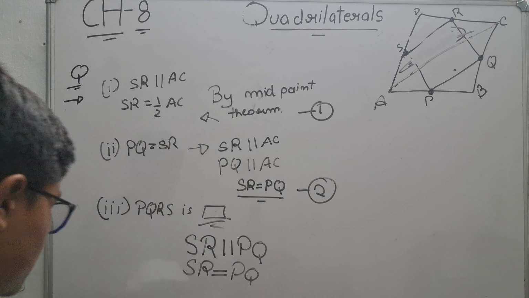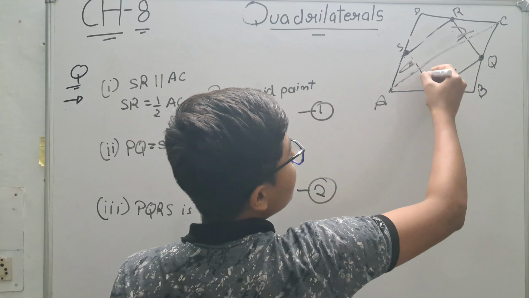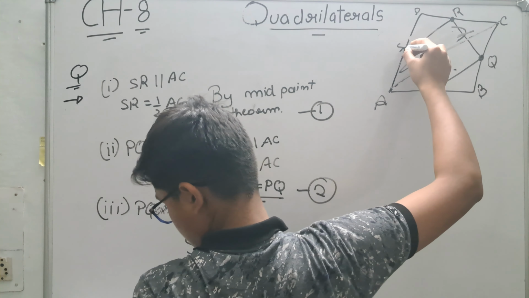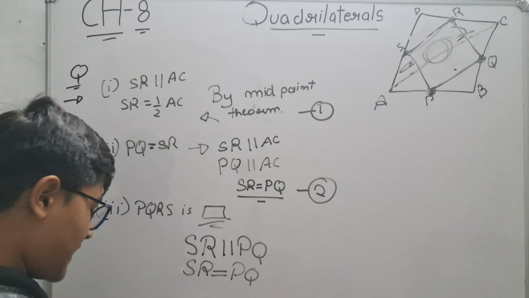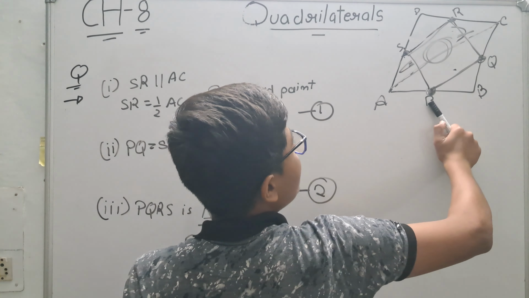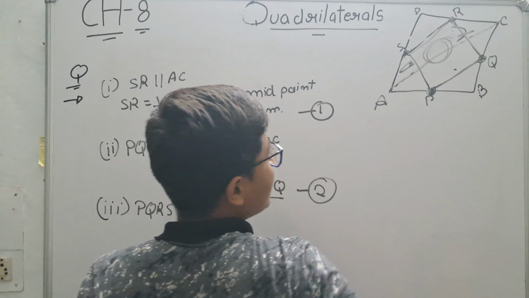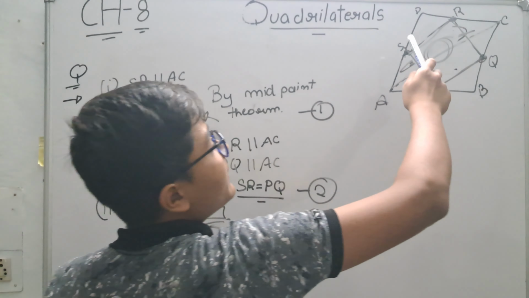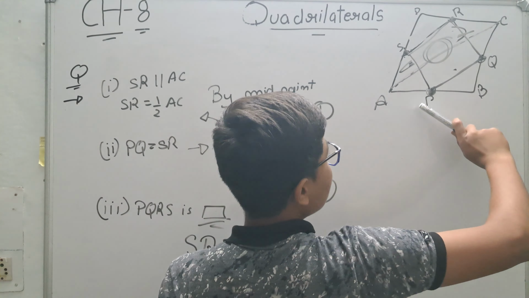Then we have to prove P, Q, R, S as a parallelogram. So we have proved that S and R are parallel to each other, and also that S and R are equal to each other, because SR is parallel to AC and PQ is parallel to AC. That's why.